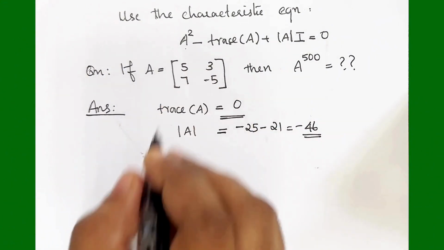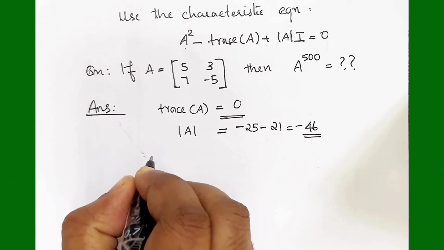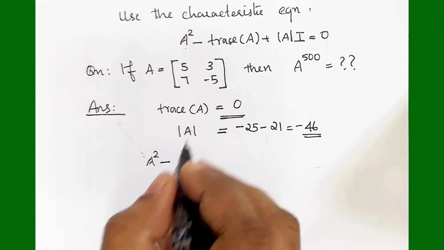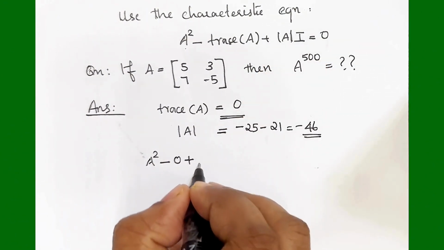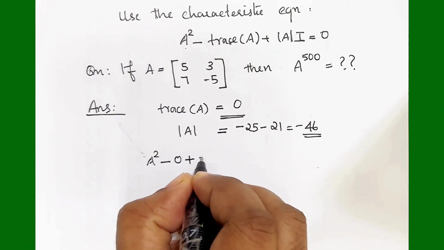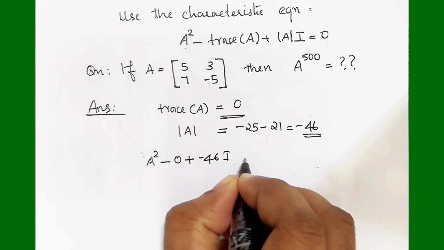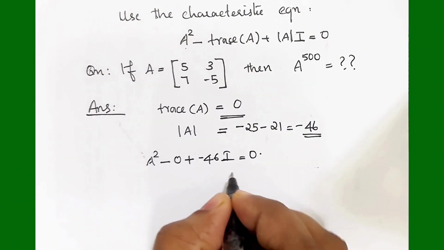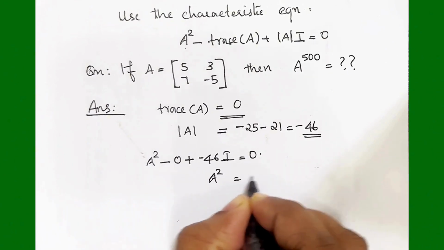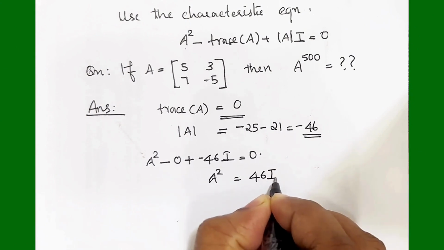Equation is A square minus trace of A plus determinant of A into I is equal to 0. That is A square minus 0 plus determinant of A means negative 46 into I is equal to 0. Just to simplify the equation here, we have A square is equal to 46 into I.